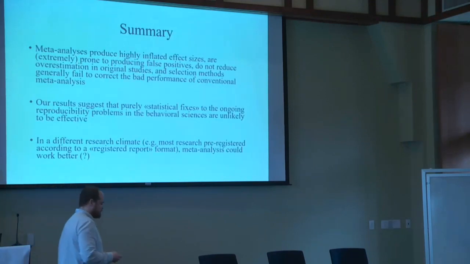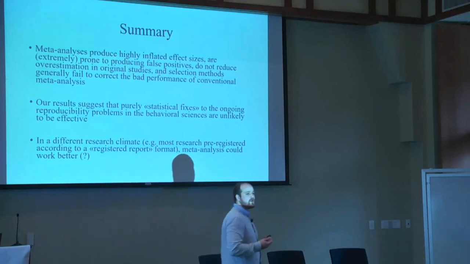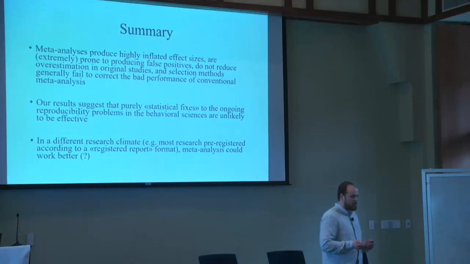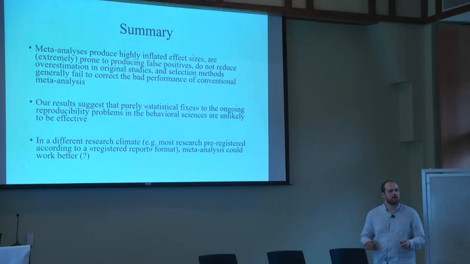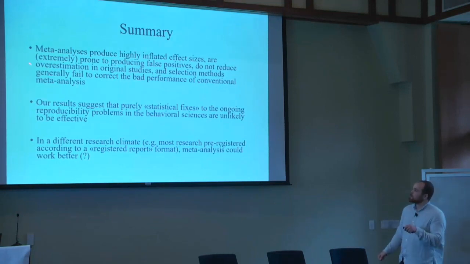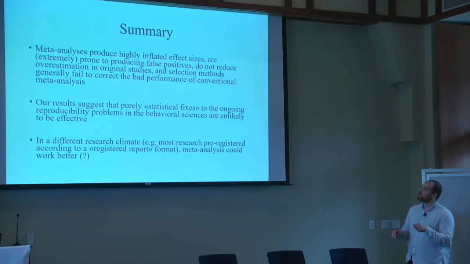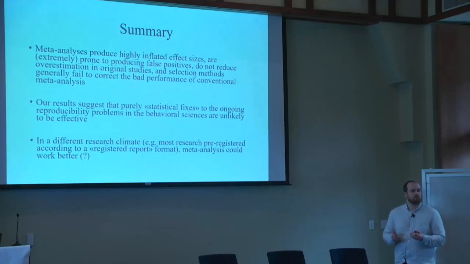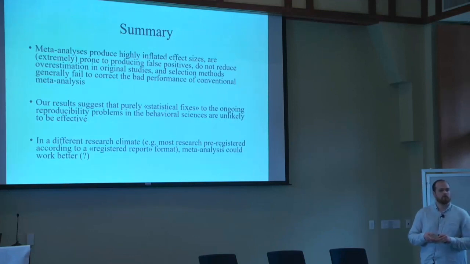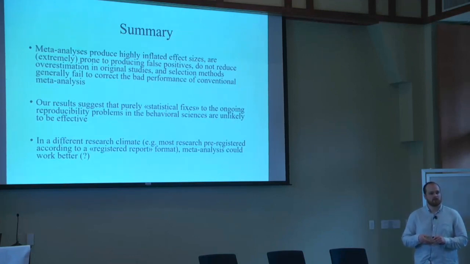So a sort of pessimistic summary from this talk is that, at least based on our sample of studies, meta-analysis in the behavioral sciences produce highly inflated effect sizes. They're extremely prone to producing false positive findings. They do not appear to reduce overestimation present in original studies.